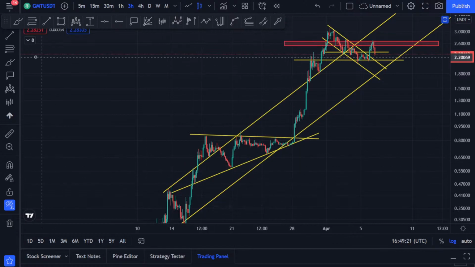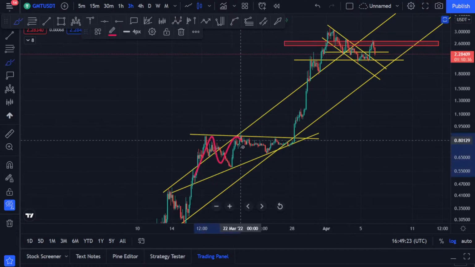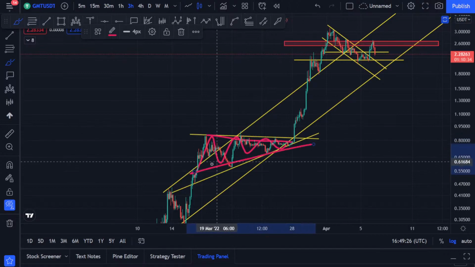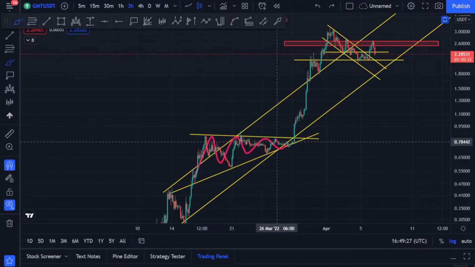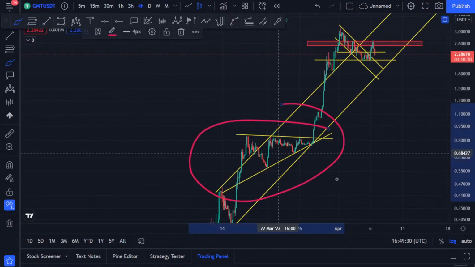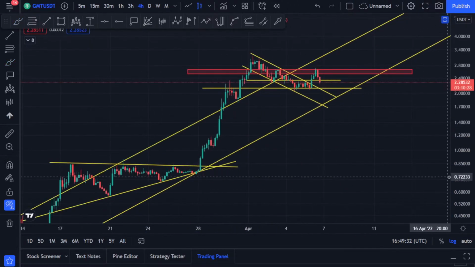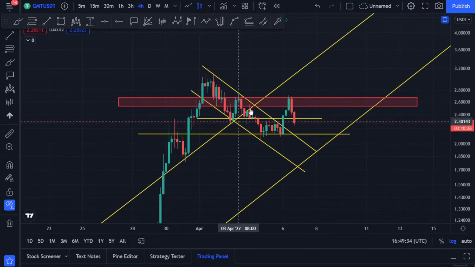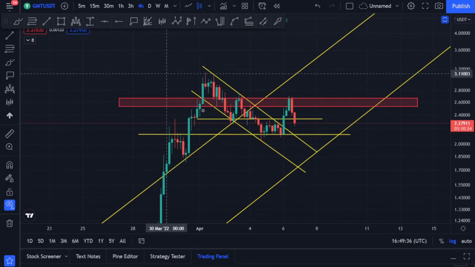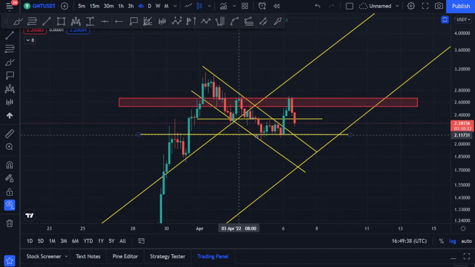So you can see with GMT the price made this ascending triangle, okay? Now this ascending triangle was made over here, okay? We understand that. Now over here, what's going on is we were in this channel formation, and I told you about this bottom over here, that we might come here, find some support, and a reversal pattern can be made.